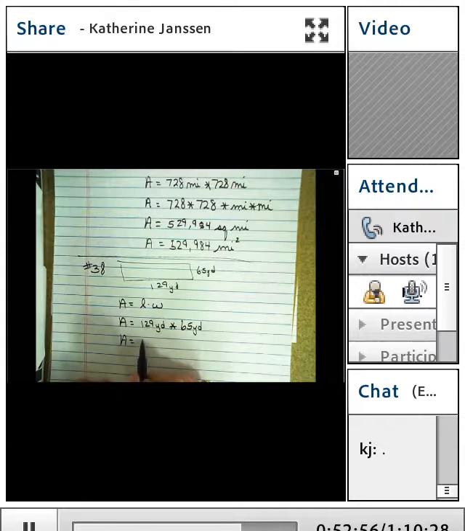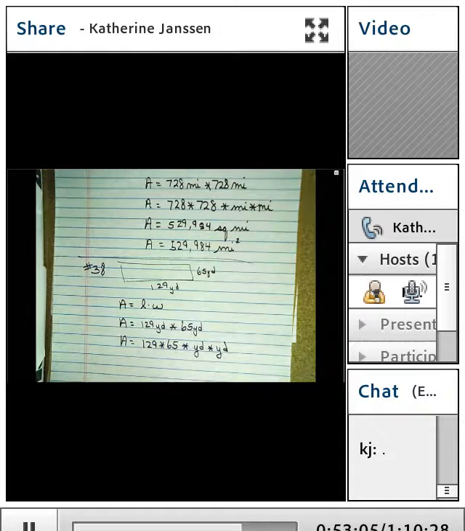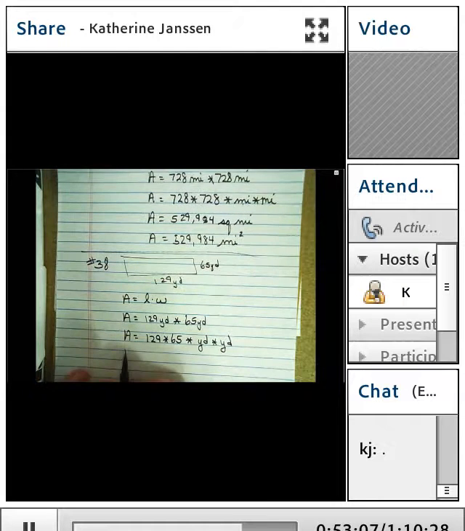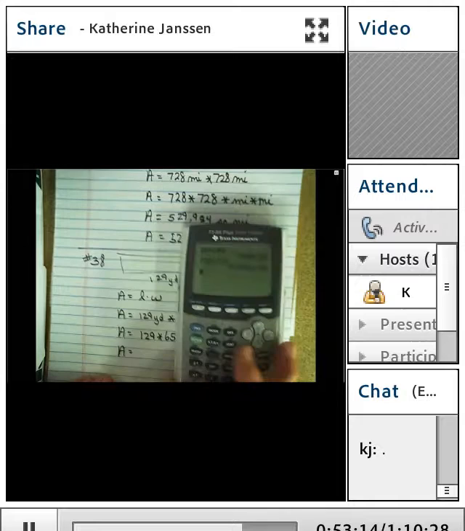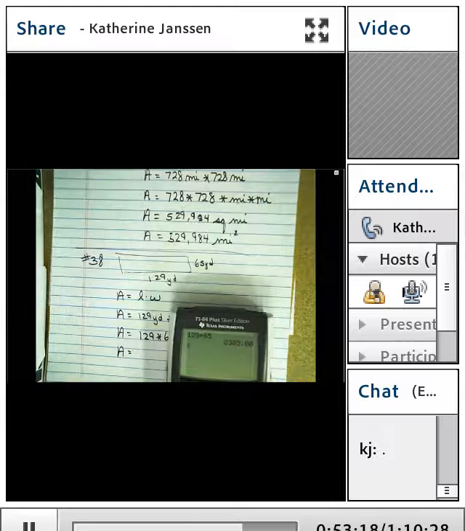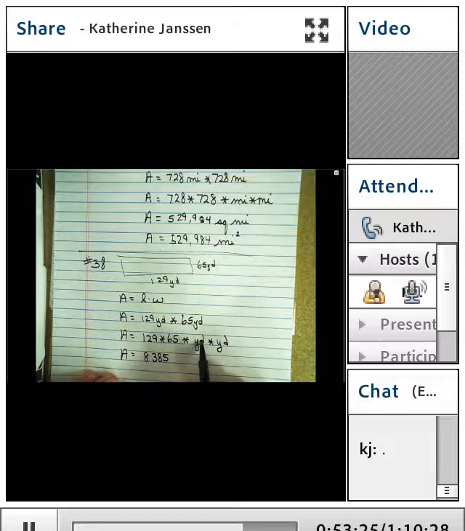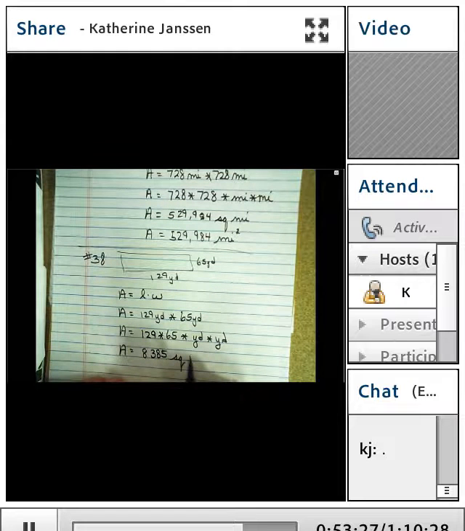This is all multiplication, so I'll get my constants together and then my units together. By the commutative law of multiplication, order doesn't matter. I have 129 times 65, and I get 8,385. And yards times yards would be square yards.